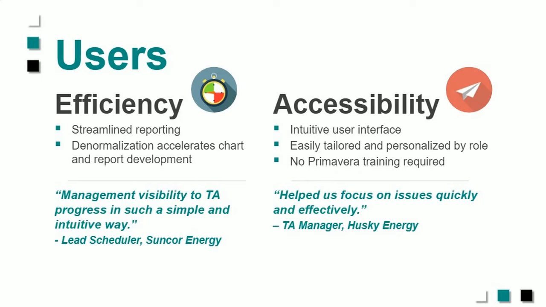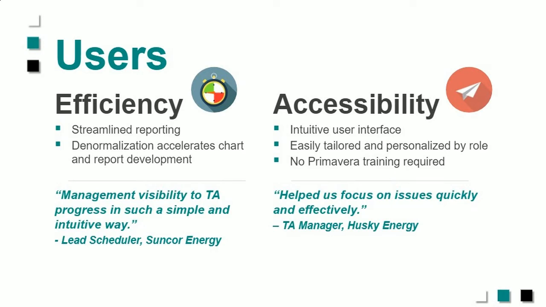But management visibility: it's so simple to see the data, and intuitive. Okay, you don't need to be a P6 expert. You don't need any coaching on a Gantt chart or critical path analysis. You give the data in a way that's very easy to look at.